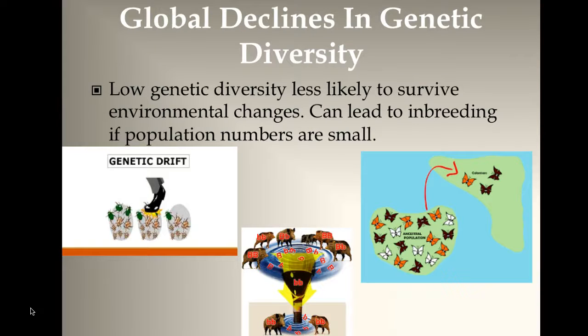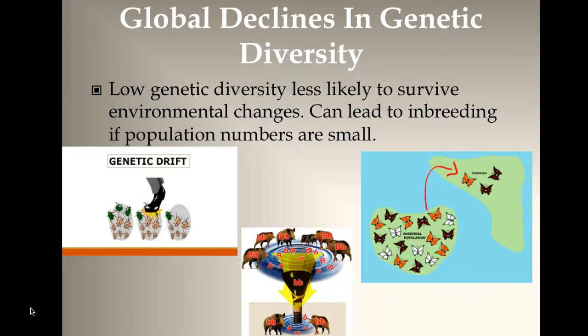All right, so when we look at global declines in genetic diversity, we understand that the lower the genetic biodiversity within a population, the less likely that population will survive any type of environmental change. And environmental change is really the driving force behind evolution. So I've got a couple of pictures on this slide that go back to, I think, chapter 5, maybe 6, that remind us of ways population genetic diversity declines.